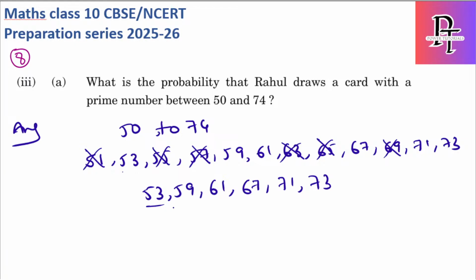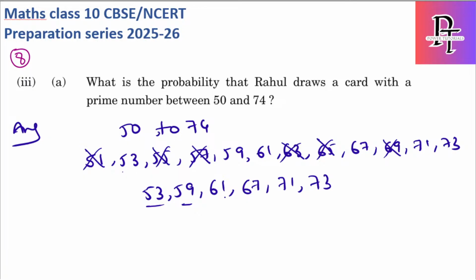So 53 is a prime number. 59 also, I don't think it is divisible by any number. Yes, 59 is also prime.